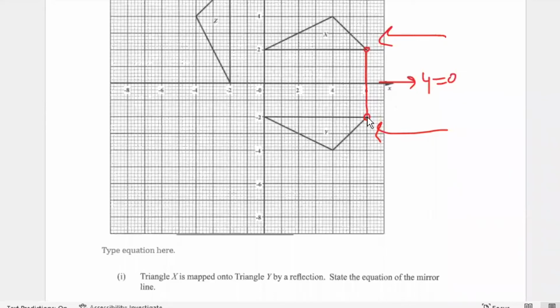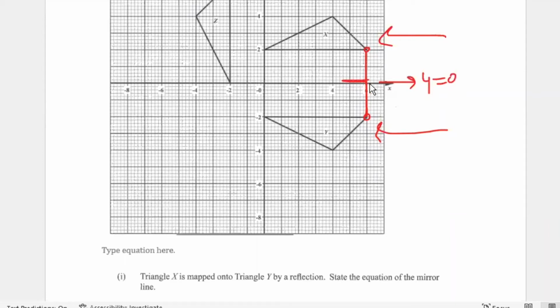So 4 units separate those points, and you're basically looking at the halfway mark. Half of 4 is 2. So the mirror line would be at 1, 2. This would be where the mirror line is, and at this point, y = 0.